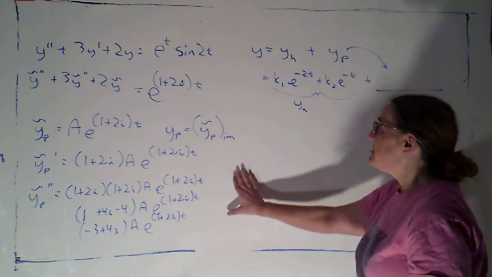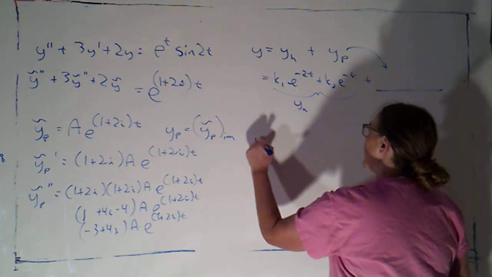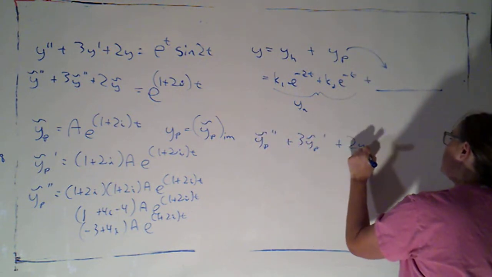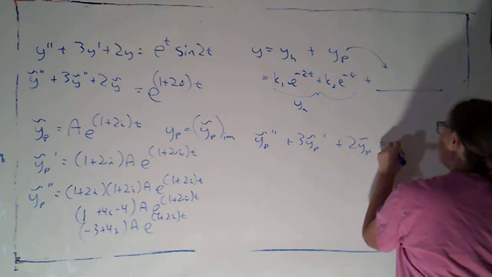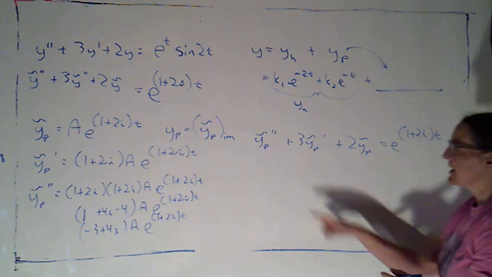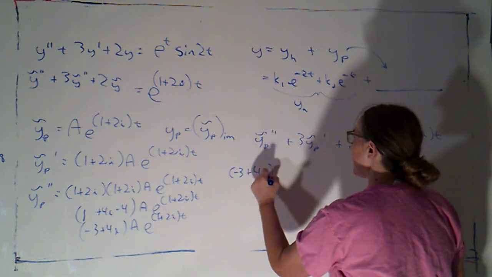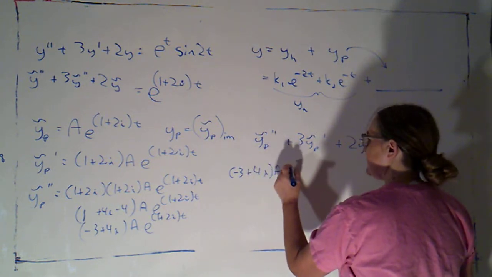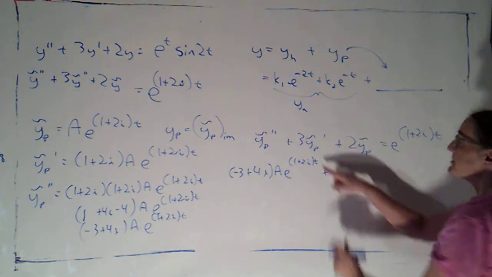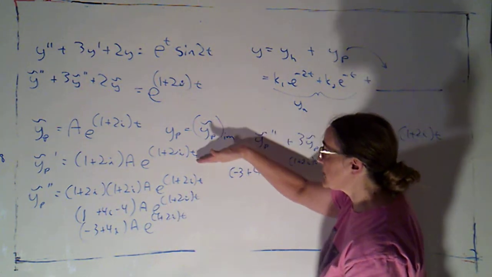All right. So if I plug that in to this equation, yp tilde double prime plus 3yp tilde prime plus 2yp tilde has to equal e to the (1 plus 2i) times t. So the second derivative we said was negative 3 plus 4i copies of a times e to the (1 plus 2i) times t, plus 3 copies of yp prime, which was here.